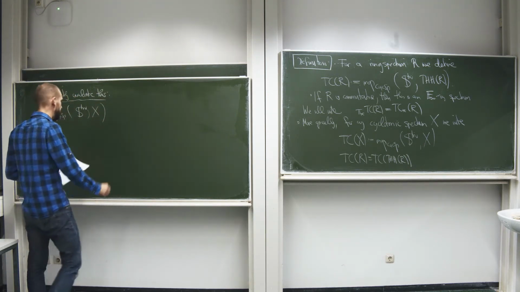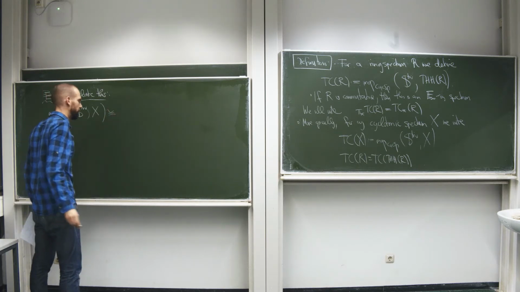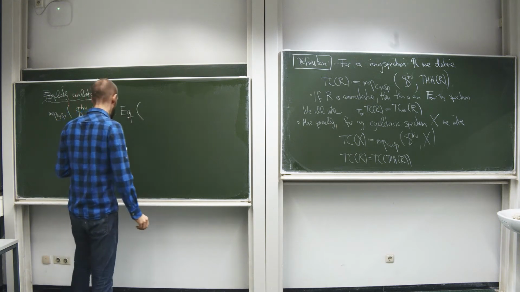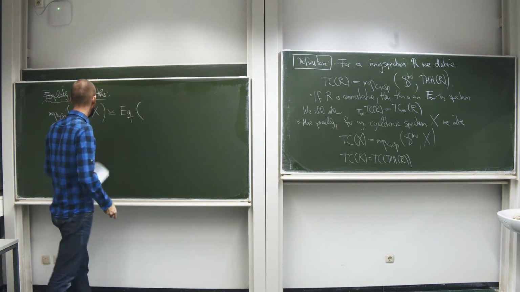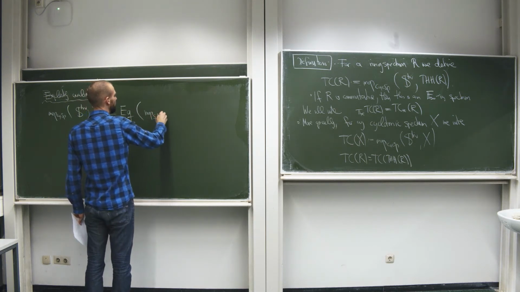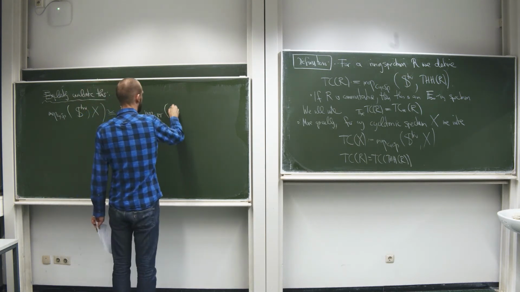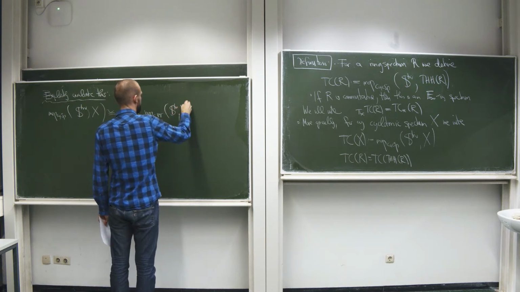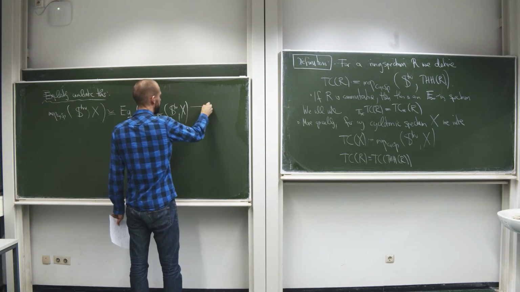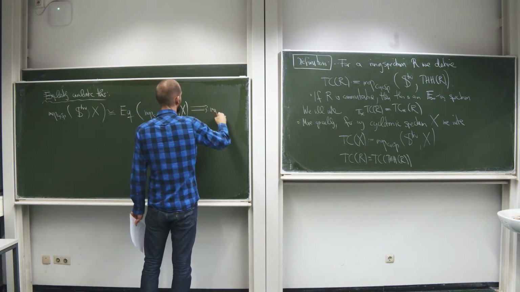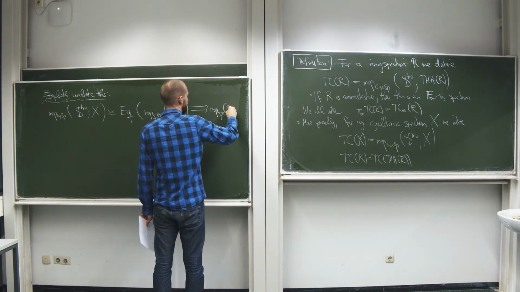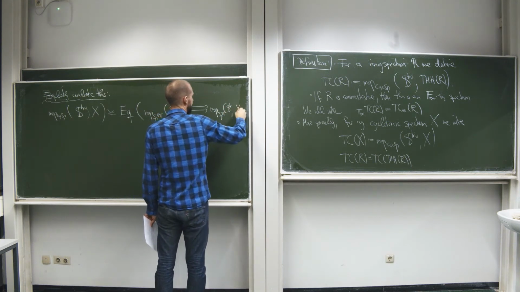Well, we had this mapping equalizer formula, where what we have to do is first take the mapping spectrum in spectra with a T action from S trivial into X. And then we have two maps into the mapping spectrum in spectra with T action from S trivial into X^{tate CP}.